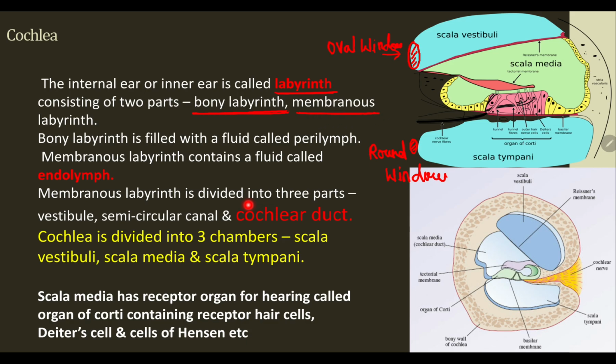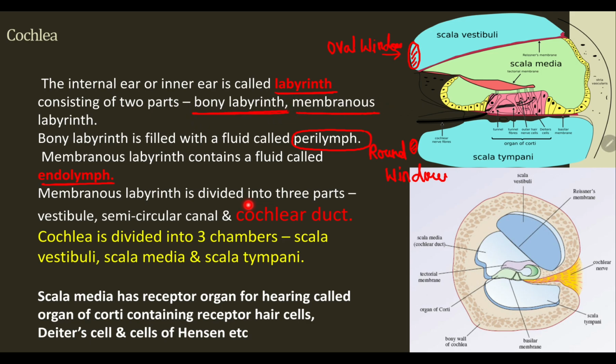This bony labyrinth is filled with a fluid called perilymph, and the membranous labyrinth has another fluid called endolymph. Now the question is, what is the difference between perilymph and endolymph? We will see that, but before going there, let's look at the membranous labyrinth.